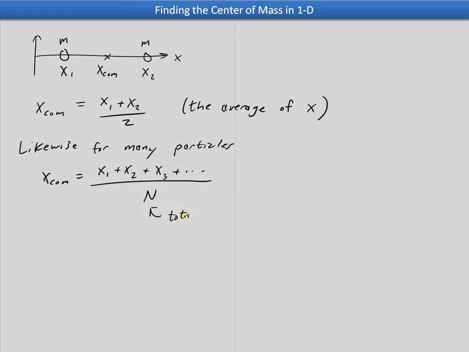We'll call that capital N. Or we could write that in shorthand using summation notation as 1 divided by N times the summation, with index i going from 1 to capital N, of xi. Okay, so this is still the average.